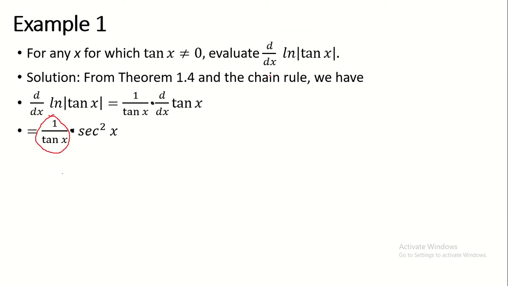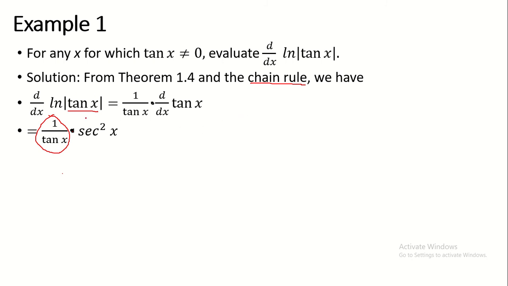In-apply natin yung theorem 1.4, which says that the derivative of the natural logarithm of the absolute value of x is equal to 1 over x. Since dito sa example natin, tangent x yung nasa loob ng absolute value symbol, therefore, the result will be 1 over tangent x. And then, applying chain rule, we will get the derivative of the function inside the absolute value.